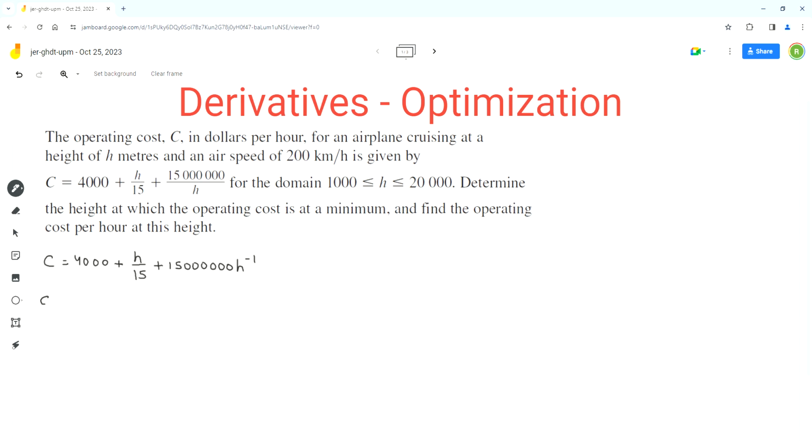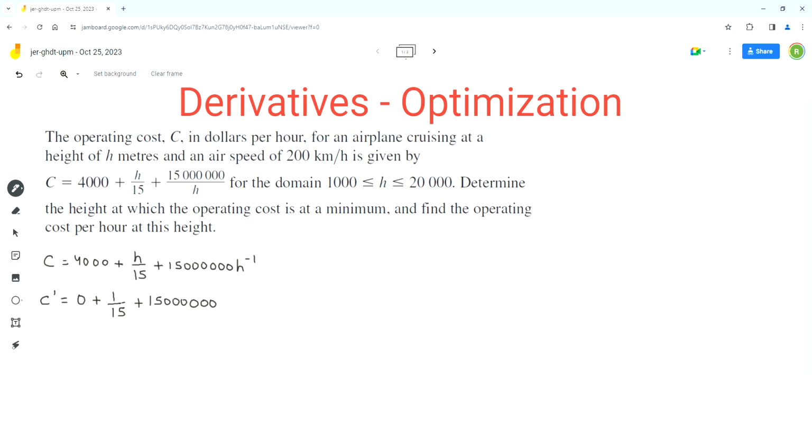So C prime is equal to, so 4000 is a constant, so its derivative is 0. Now in this second term, the 15 in the denominator is part of the coefficient 1 over 15. So that means the derivative of h over 15 will be just 1 over 15, because the coefficient of h in the numerator is 1. Now for the last term, the 15 million is the coefficient, so it will stay as it is.